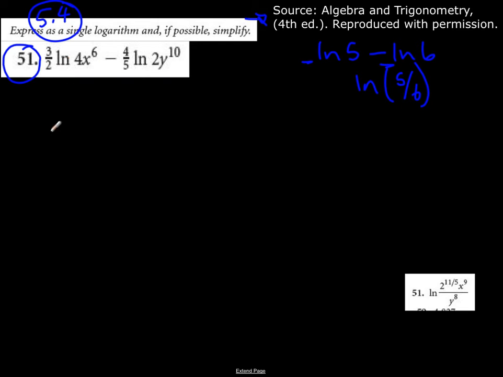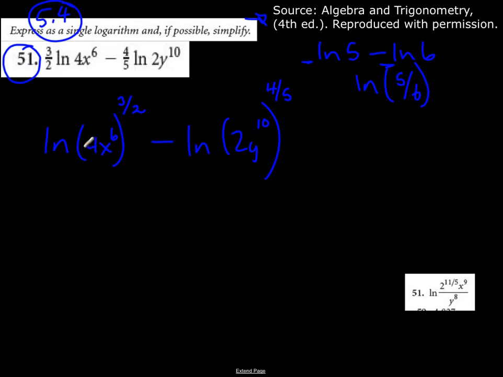So this first one will become ln, and then it'll be this whole thing that I was taking the logarithm of, the 4x to the 6th, raised to the 3/2 power. It's important to make sure you raise the whole thing to that 3/2. Okay, minus, then this other one similarly will go ln of 2y to the 10th, all to the 4/5.